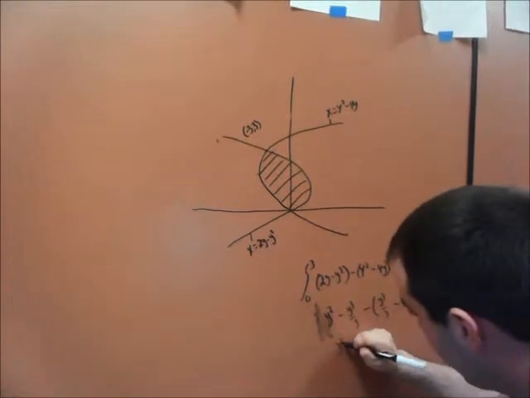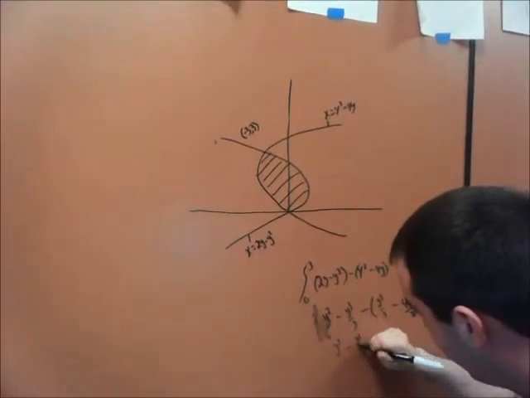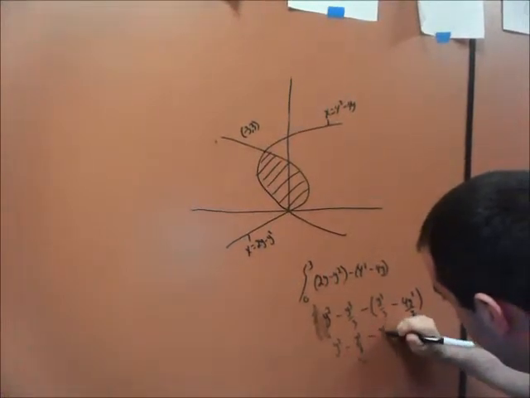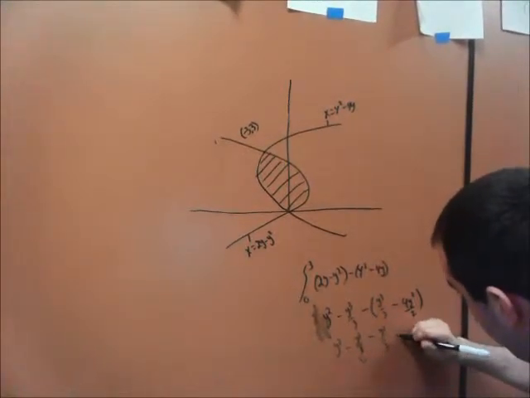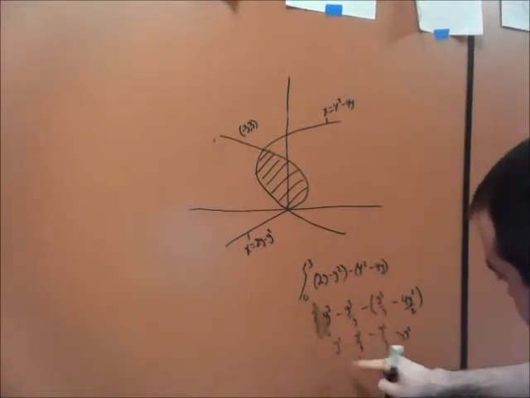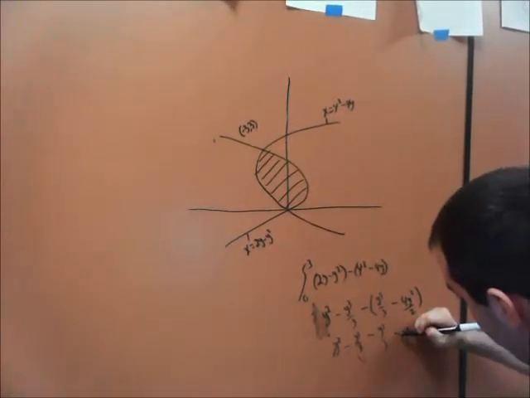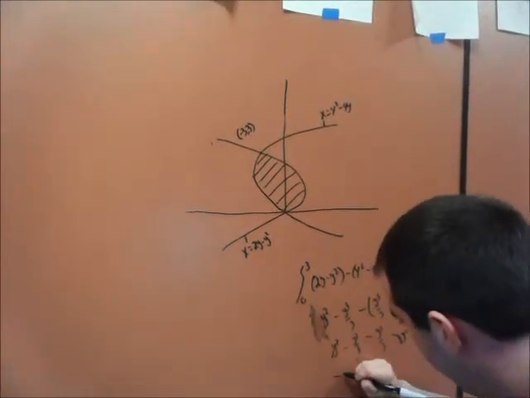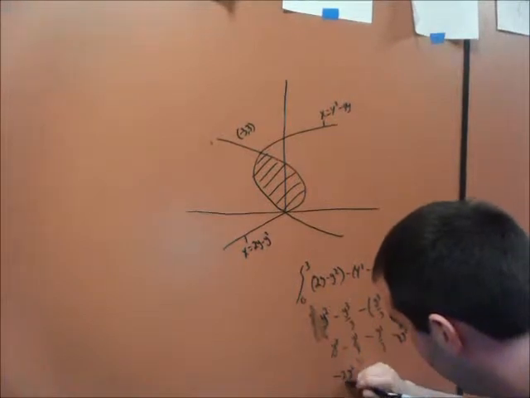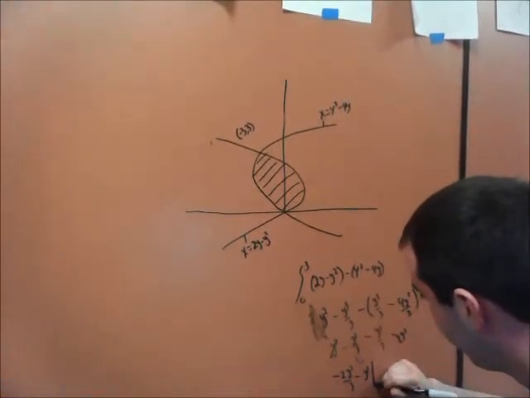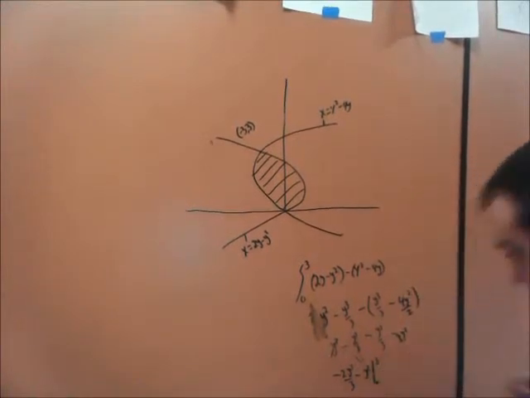So we get y squared minus y cubed over 3 minus y cubed over 3 minus 2y squared. So we have negative y squared. So we have negative 2y cubed over 3 minus y squared, evaluated from 0 to 3.